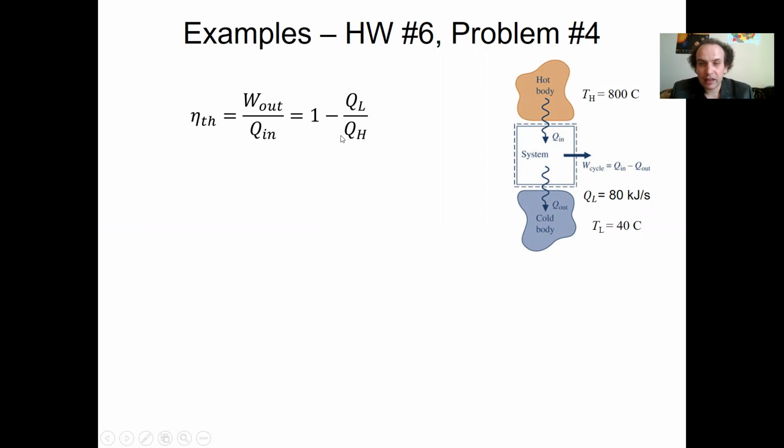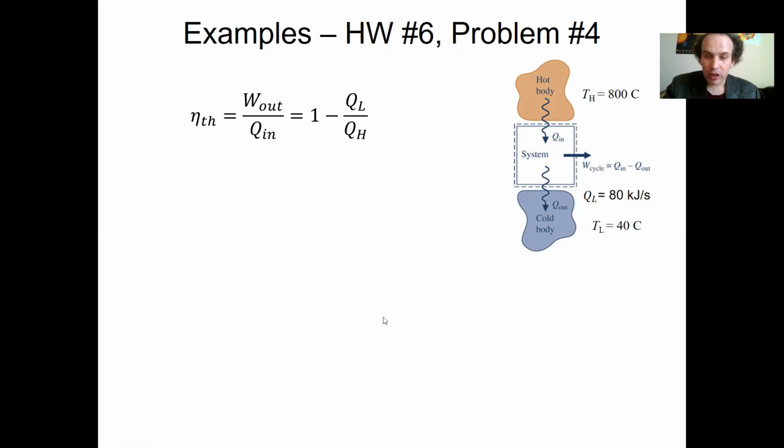And when you write like this, what do you know here? Unlike the example from the textbook, you know QL here, but you don't know QH. You need something else. What something else will you have? It's stated that you look for maximal efficiency. If you look for maximal efficiency, it means that you deal with the Carnot cycle, exactly.